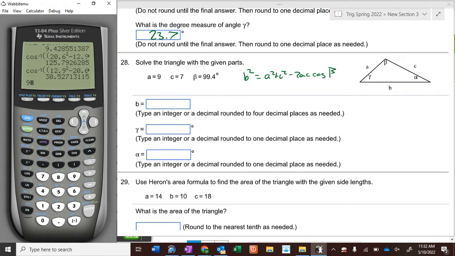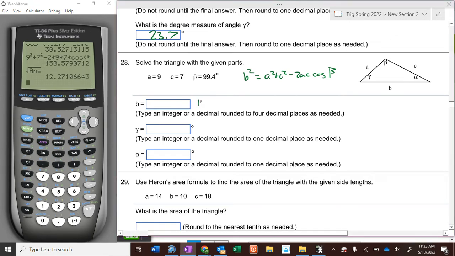So it's 9 squared plus 7 squared minus 2 times 9 times 7 times cosine of 99.4. And then that's too big of a number, so you have to take the square root of your answer. And it's 12.2711.